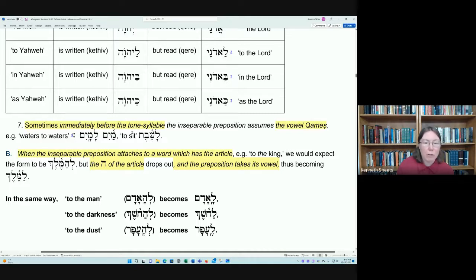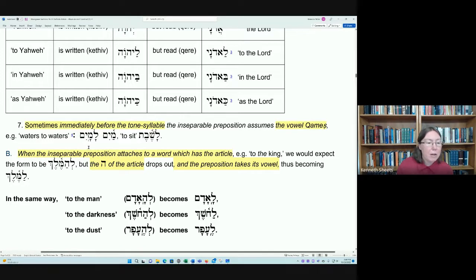So now notice as well here, number 7. Sometimes immediately before the tone syllable, that is the accented syllable, the inseparable preposition, so those lamed, bet, and kaf that we've been dealing with, assumes the vowel qamets. So for instance, taking this form then, mayim, la mayim. So we have mayim, waters, and then la mayim, to waters. And in this particular instance, you can see that we do in fact have the silluq, that is that accent that indicates the accented syllable of the last word of the verse.